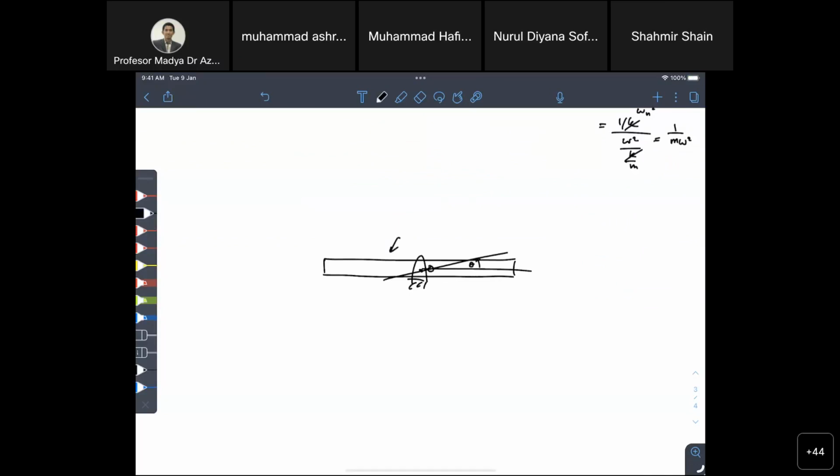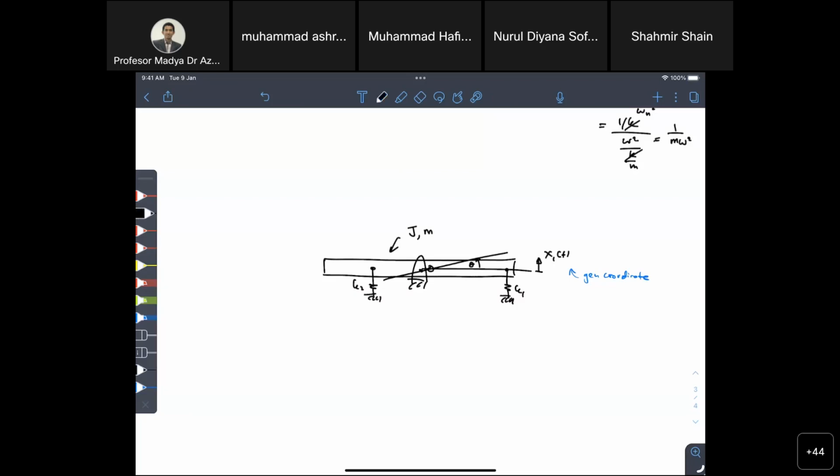You know the second moment of inertia of the bar, M, and maybe you have a spring here and a spring there. We want to use the displacement of the spring at the end as the generalized coordinate. So this is the generalized coordinate.